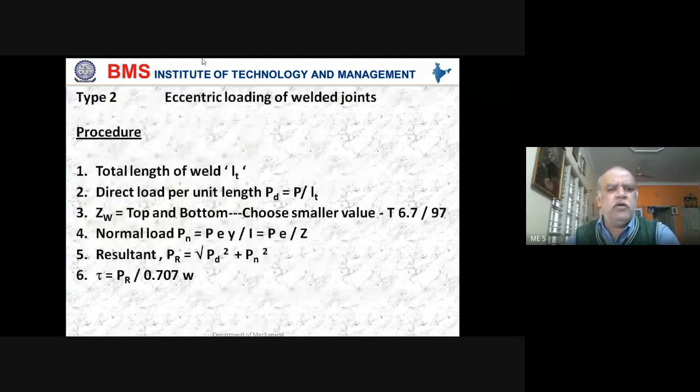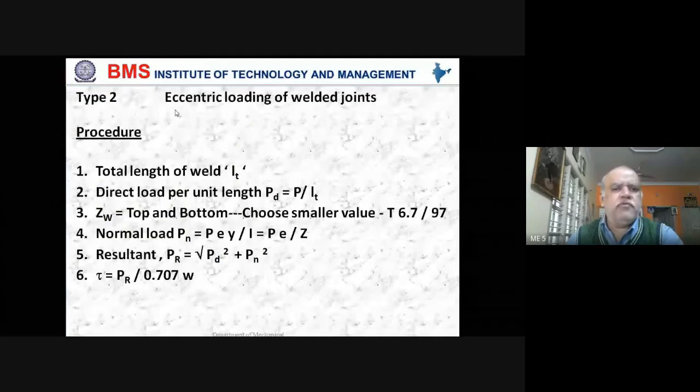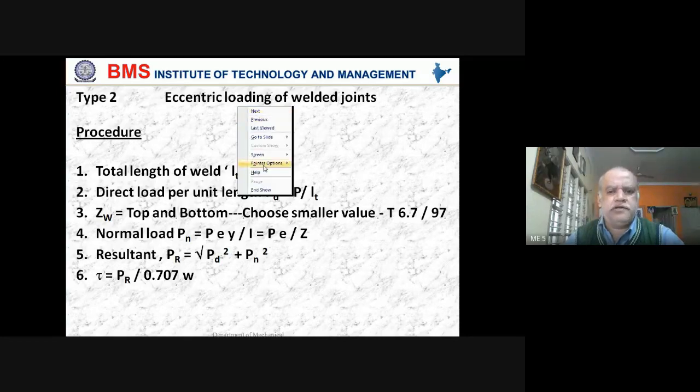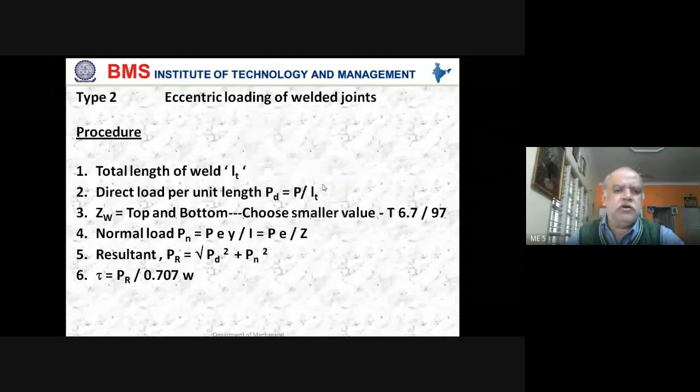Now we'll go to the final type of design of welded joints, that is eccentric loading of welded joints, type 2. It's the second type of problem.